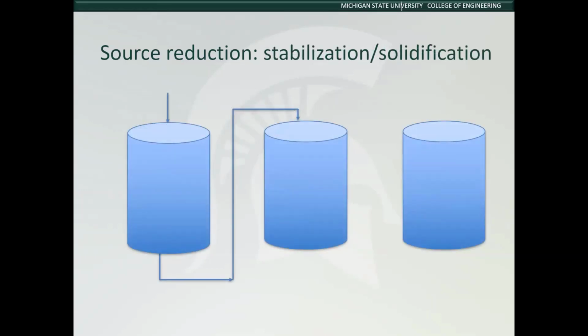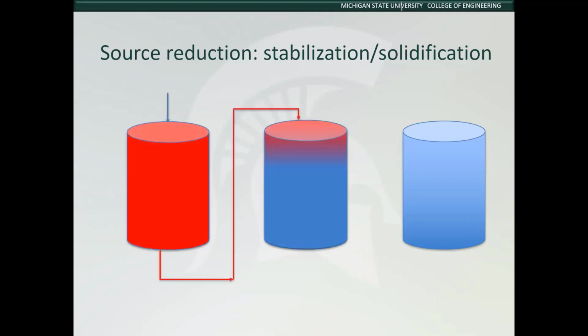Let's look at the concept of using stabilization solidification for spent carbon or ion exchange resins. So shown here, we have 3 columns. The third is not being used at the present time. So we start operating, and the exchange or the adsorption zone moves down the column, and eventually we've exhausted that resin or the activated carbon.